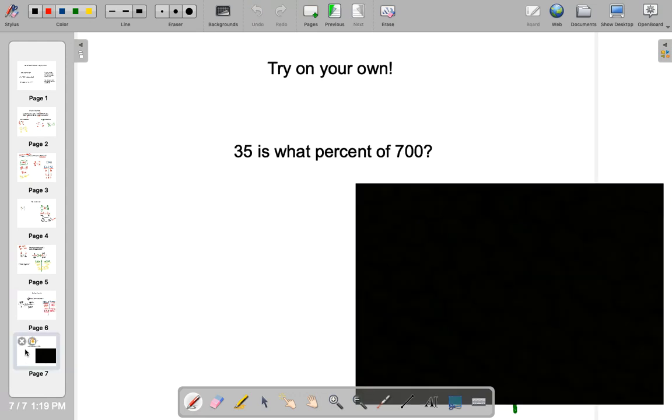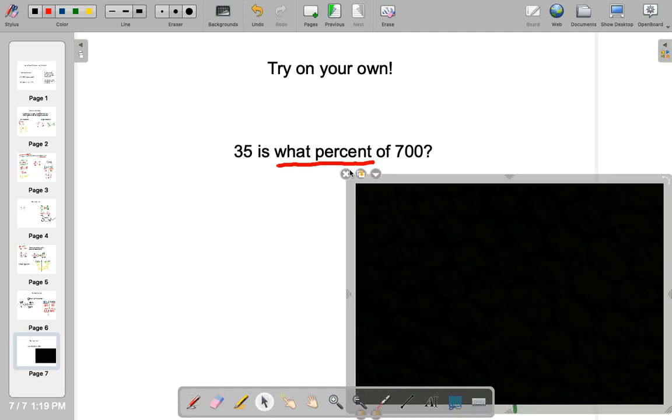So let's do a last example here, and I want you to try this one on your own again. 35 is what percent of 700? Be careful. What percent means that should be the top right of our proportion.